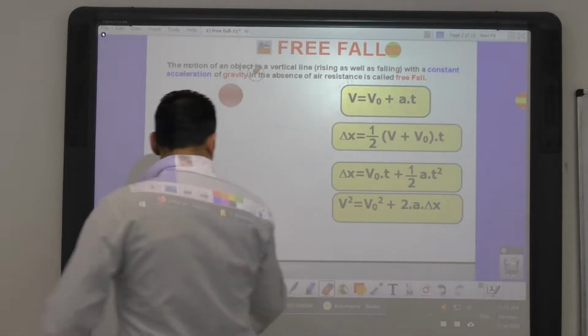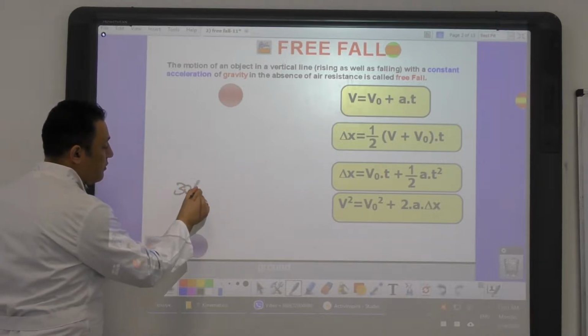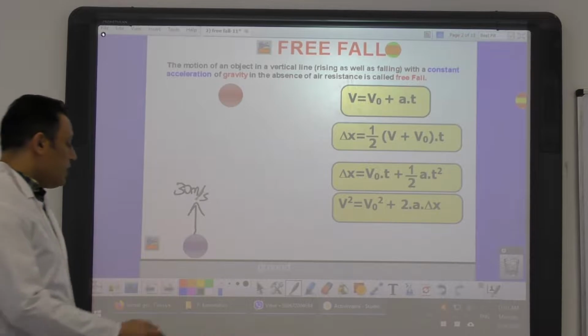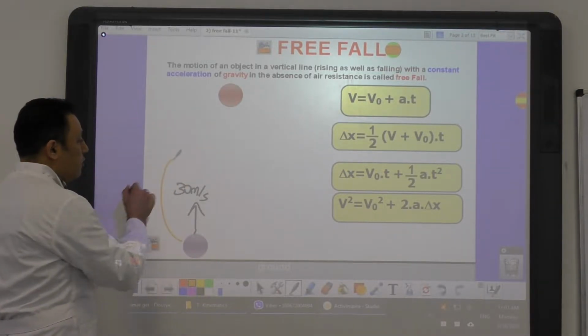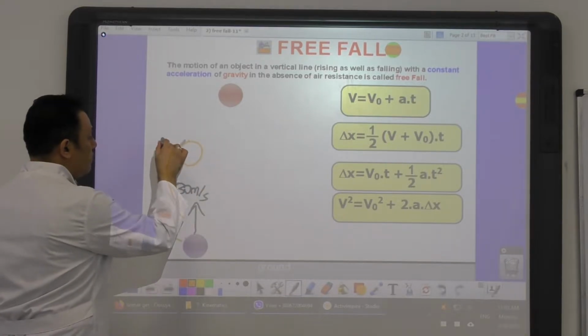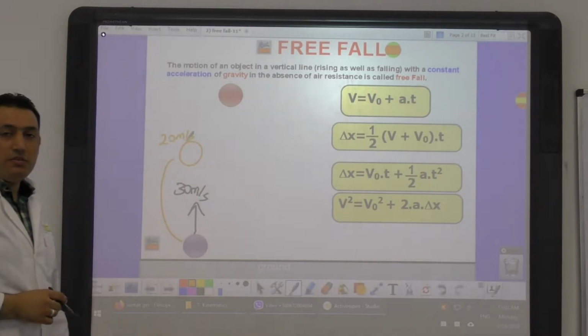Let's suppose that I throw the object into the air with an initial speed of 30 meters per second. In each second of its motion, the object is going to decrease its velocity to 20 meters per second.